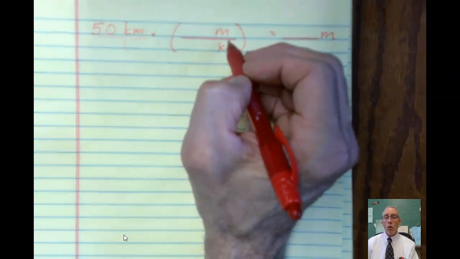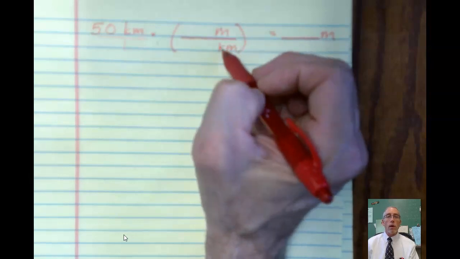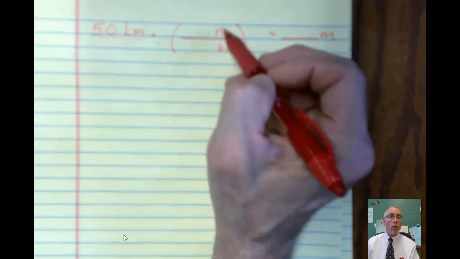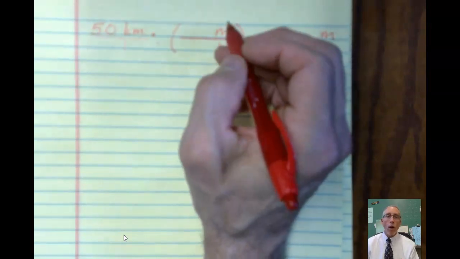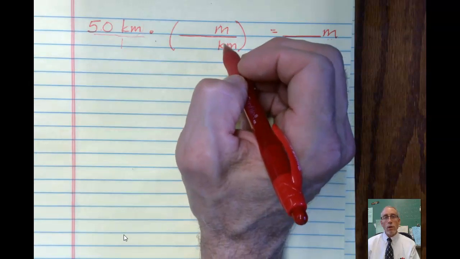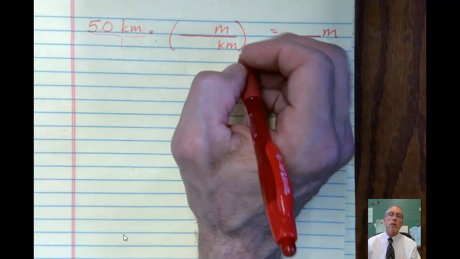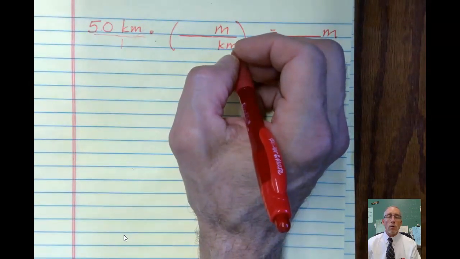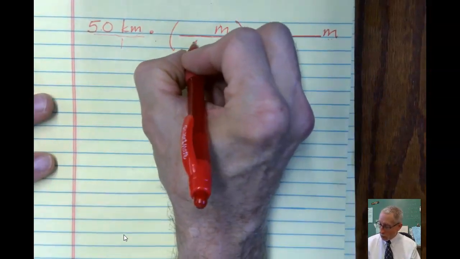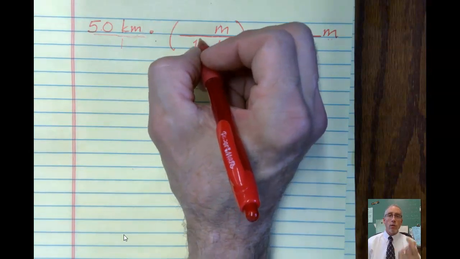And then you just have to know how many meters does it take to make a kilometer, or alternatively, how many kilometers are in a meter. I always like to say how many of the little things make the big thing. It's just easier for me to picture. You do need to know, at least in my class, the metric prefixes and their meaning. So kilo means 1,000. So writing 1 kilometer is equivalent to writing 1,000 meters.